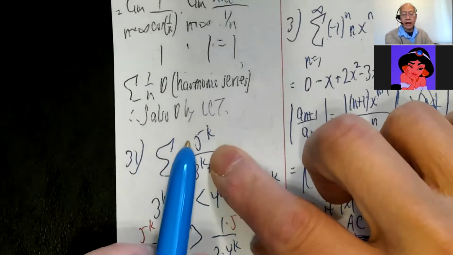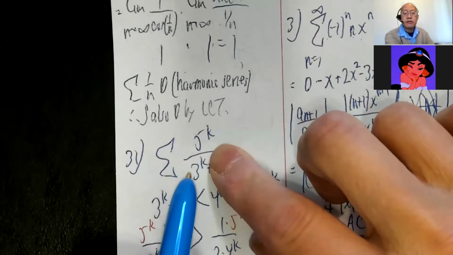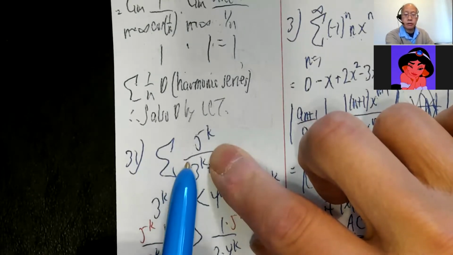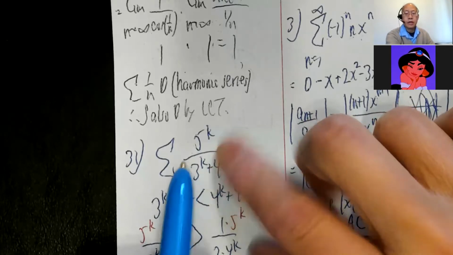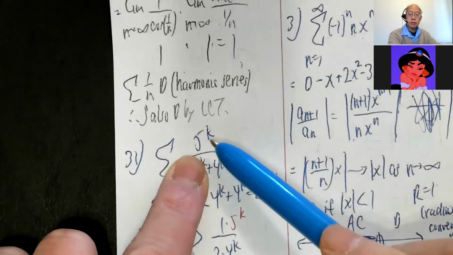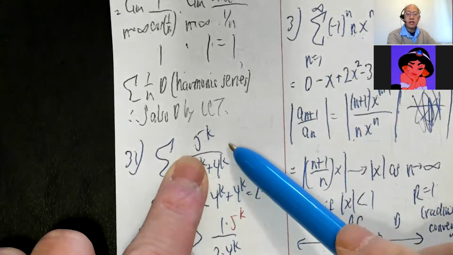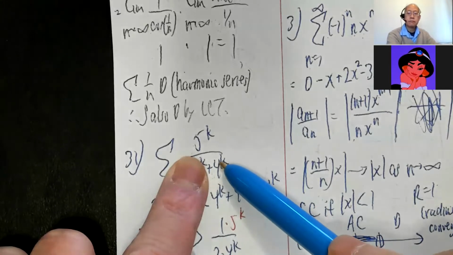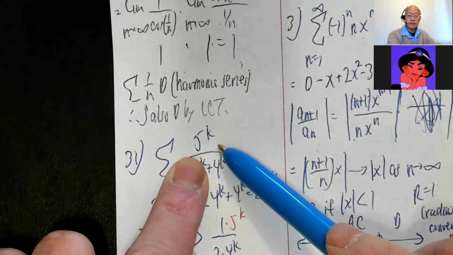It doesn't matter if you have k or n, same thing. So 5 to the k, 3 to the k, that's a geometric series where the common ratio is 5/3. So we would say the series diverges. Likewise, if I only solve this, 5 to the k over 4 to the k, that's 5/4 of the k. That diverges.